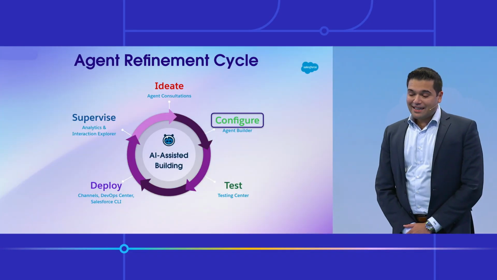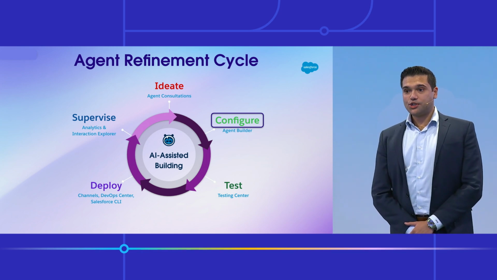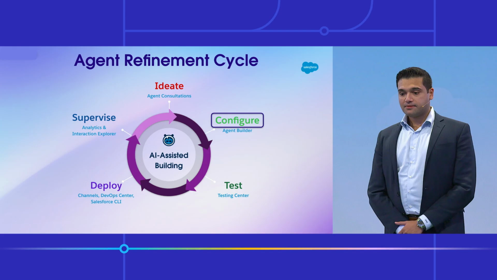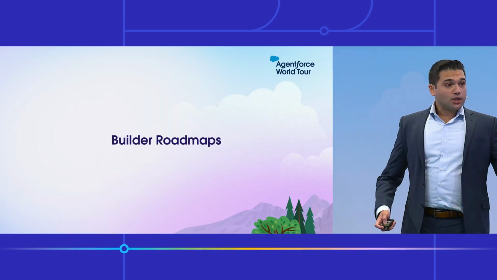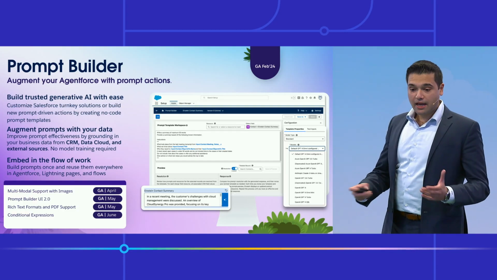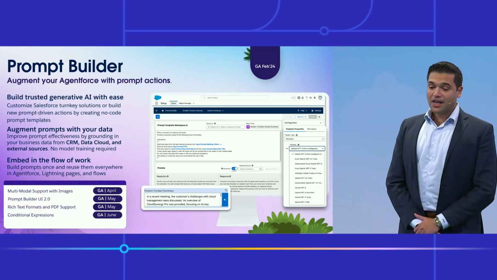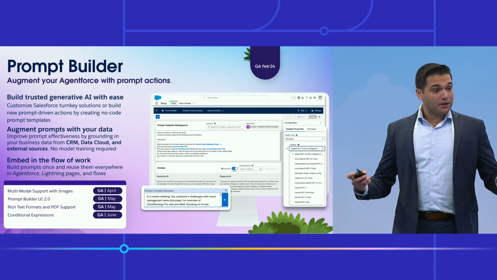Now, next, I'm going to talk about configuration, especially with the agent builder as well as the prompt builder. So in terms of the builder roadmaps, first off, we have prompt builder. Prompt builder allows you to build trusted generative AI use cases directly within Agentforce.